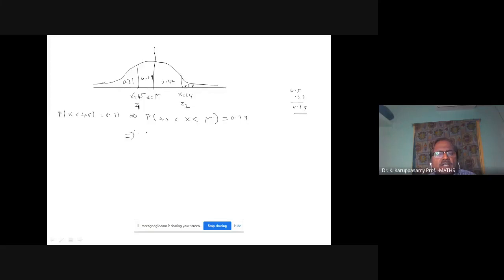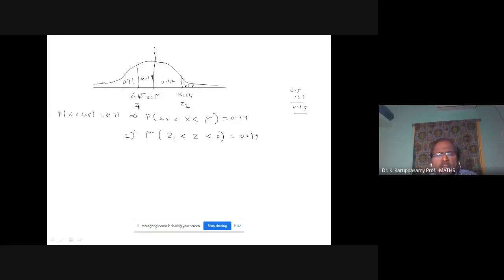It implies probability of Z1 less than Z less than 0 is equal to 0.19. So this is the X value, this is my Z1.